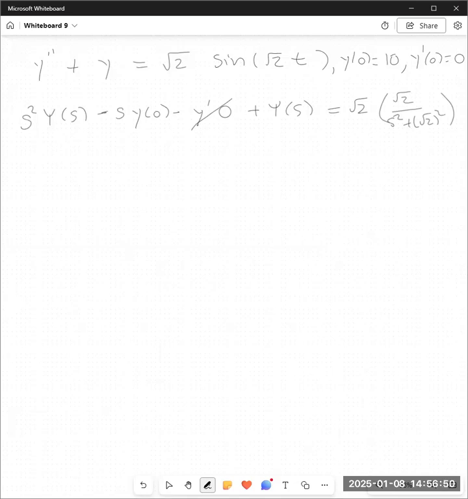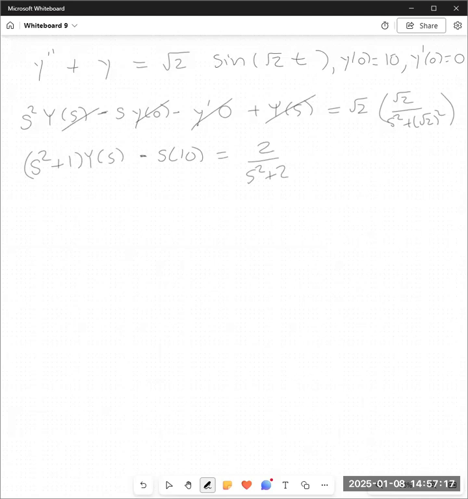So let's see, the y prime term is 0. This is s squared Y of s plus 1 Y of s, so s squared plus 1 capital Y of s minus s times 10 is equal to 2 over s squared plus 2.